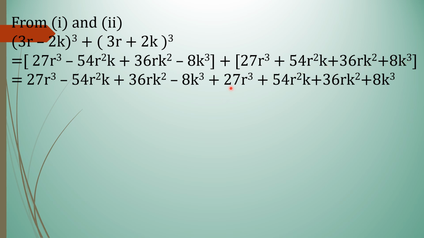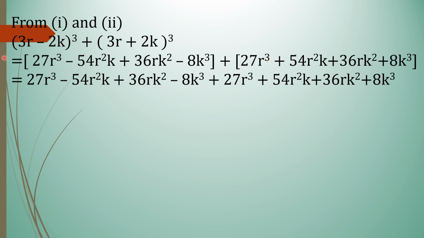Same it will come: 27 r cube, plus into plus you'll get plus 54 r square k, then plus 36 r k square, then plus into plus with same plus sign 8k cube. Only when here it is minus, then you have to pay attention to the sign while opening the bracket.